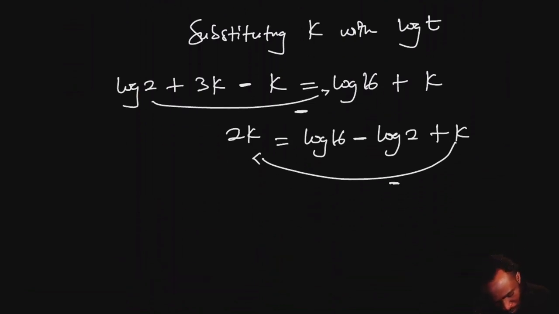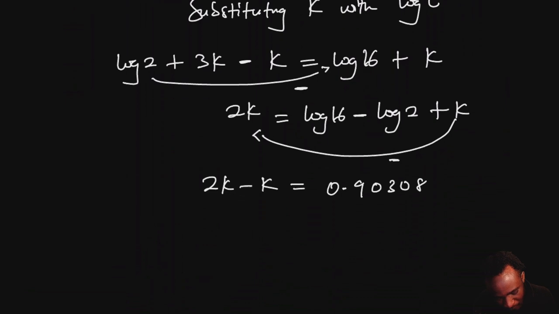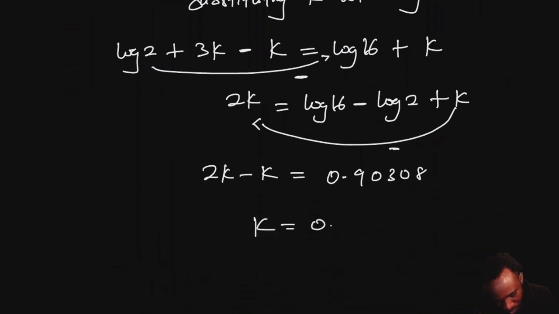So we're going to have over here 2k minus k is equal to, then we're going to punch log 16 minus log 2 into a calculator, and then it gives us 0.90308. Then we simplify further, and we get k is equal to 0.90308.